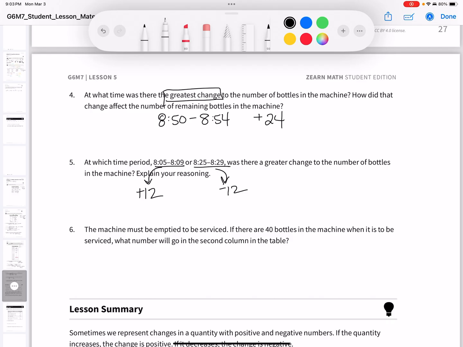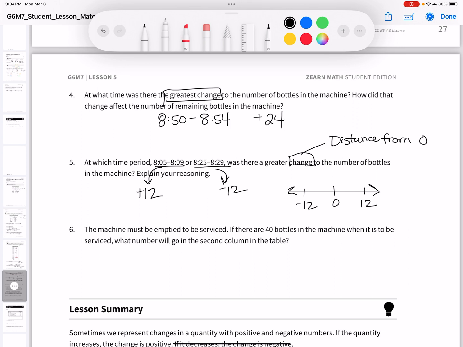Ooh, so the greatest change, when we're talking about change, we're talking about distance from 0. So if I was going to plot these two on a number line, we have 0, and we have 12, and then we have negative 12.